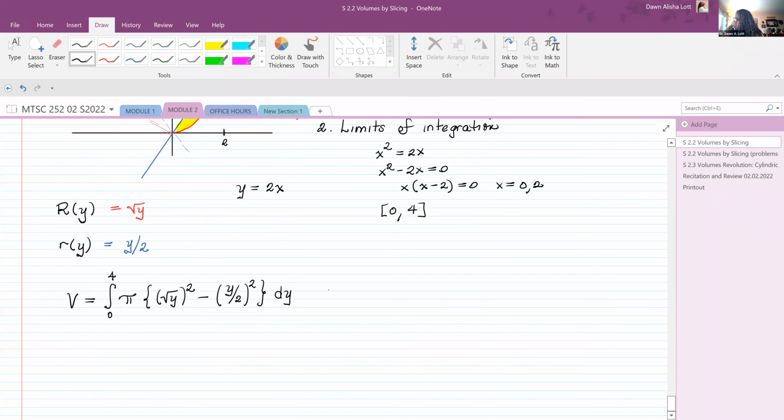So this is the integral from 0 to 4 of pi times y minus y squared over 4 dy. And that turns out to be 8 pi over 3.